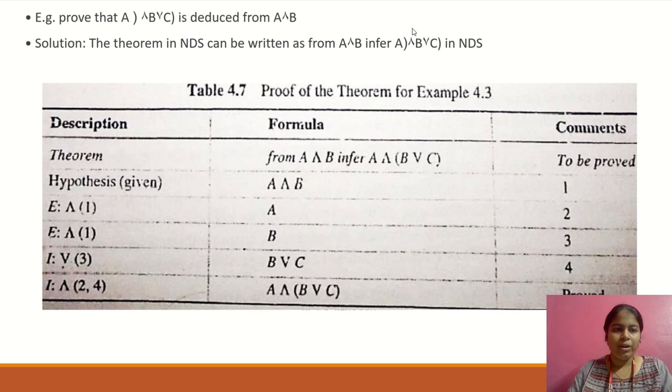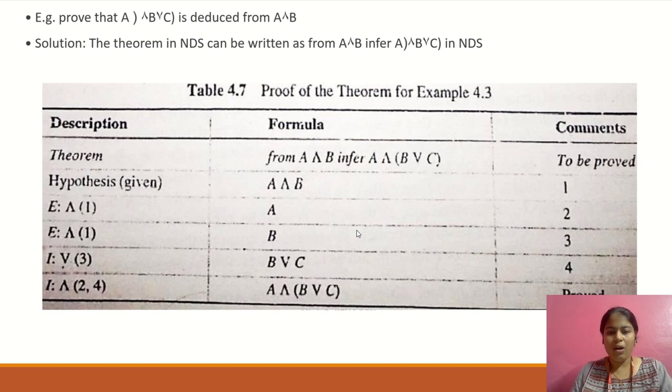Let's solve a problem. From A and B, we have to infer A and B or C. Here we are taking the hypothesis as A and B, and eliminating the AND operator, we get A and similarly B. Now introducing OR operator.